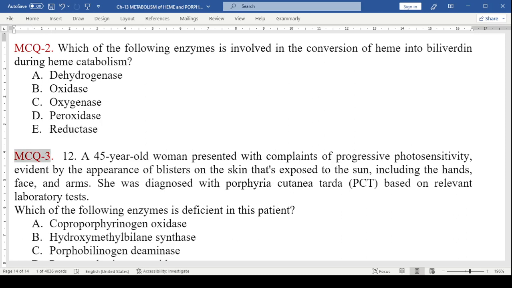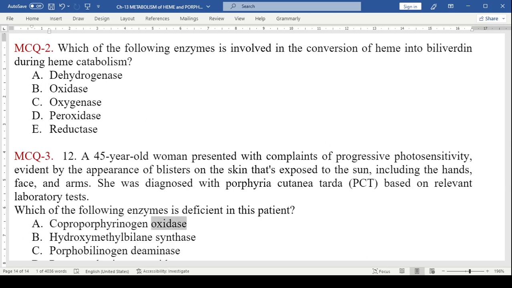MCQ 3. A 45-year-old woman presented with complaints of progressive photosensitivity, evident by the appearance of blisters on the skin that's exposed to the sun, including the hands, face, and arms. She was diagnosed with porphyria cutanea tarda, PCT, based on relevant laboratory tests. Which of the following enzymes is deficient in this patient?